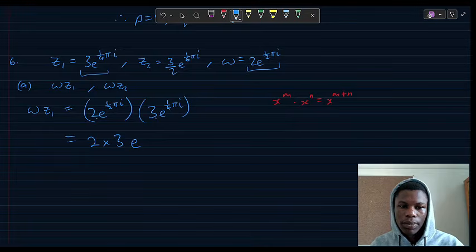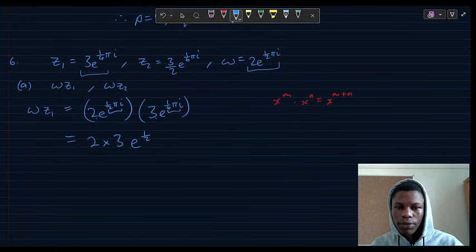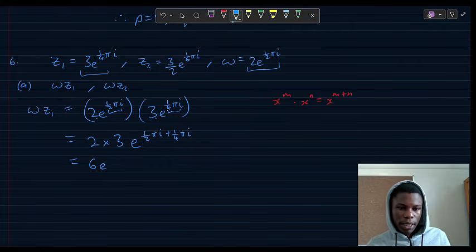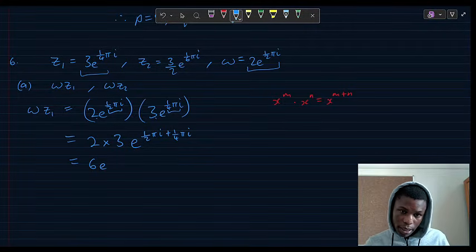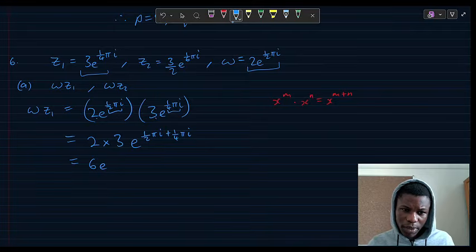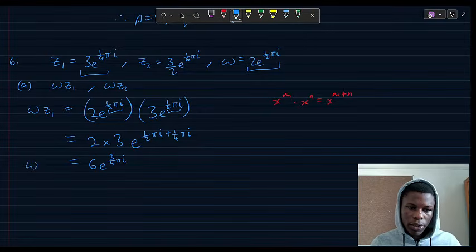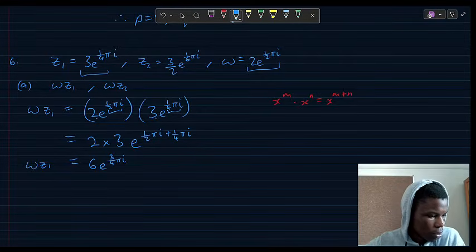This has to become, add this power to that power. So I've got a half pi i plus a quarter pi i. All right, so this becomes 6e. What is a half pi plus a quarter pi? That is 3/4 pi i. And that has to be omega z1.